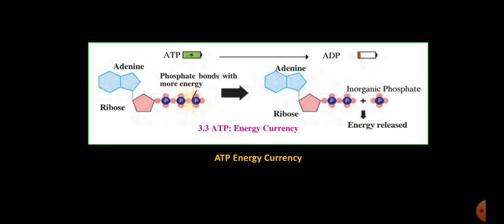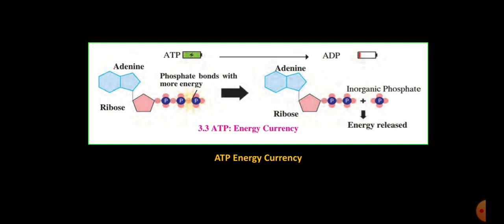So this is how the conversion of ATP happens. Near the ATP you can see the battery sign which is full, and on the product side ADP, the battery is having very little energy, right? So this itself shows that when ATP gets converted into ADP, a large amount of energy is released, because of the breaking of the phosphate bonds.